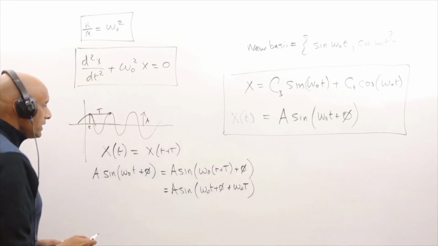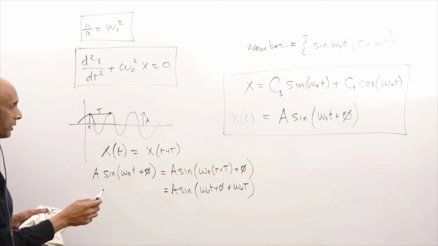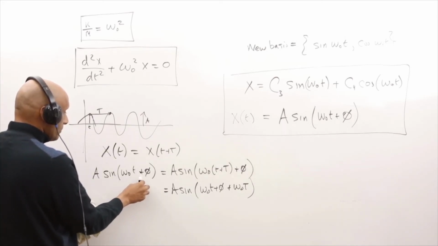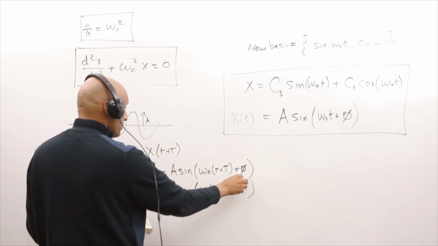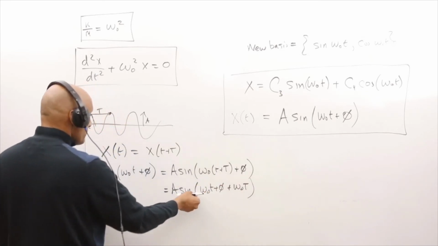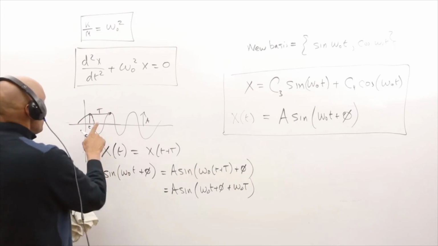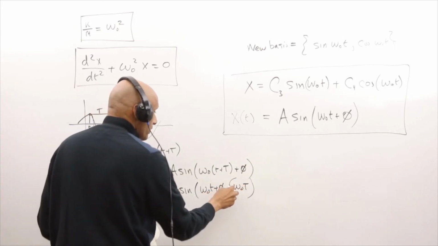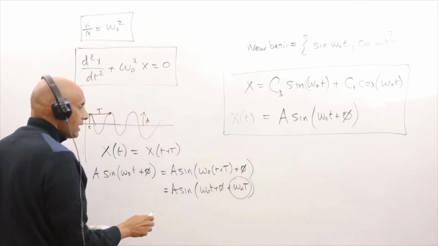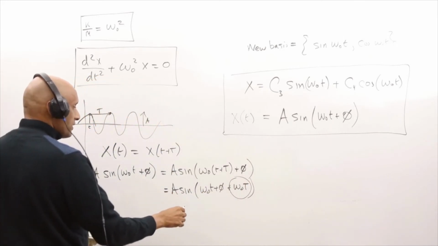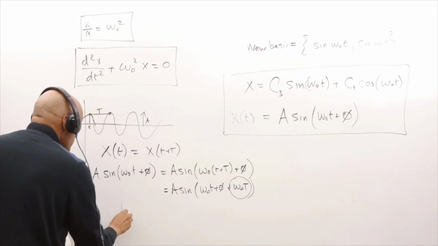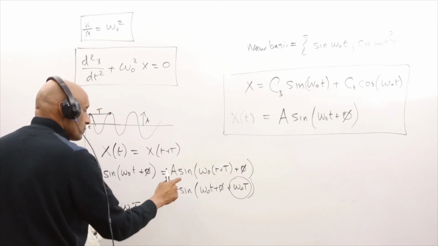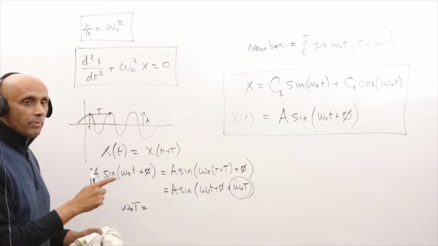And what you should see is that I don't know what the time period is, but I know that if I look at omega_0 t plus phi and omega_0 times t plus T plus phi, these functions must be identical for all values of t. For any t, I shift and I get the same function again. So we ask ourselves, what is the smallest value that is not 0 that will cause the shift? The idea is that omega_0 T generally has to be a multiple of 2 pi, because we know sine and cosine functions have a period of 2 pi.